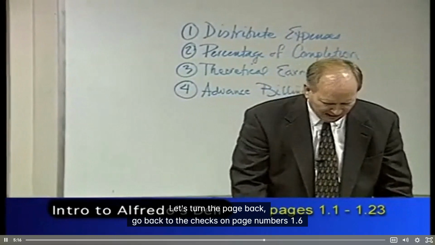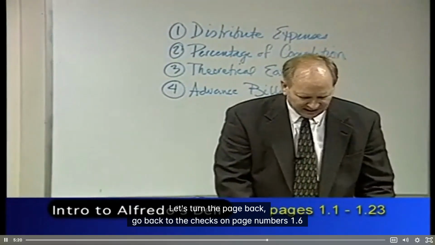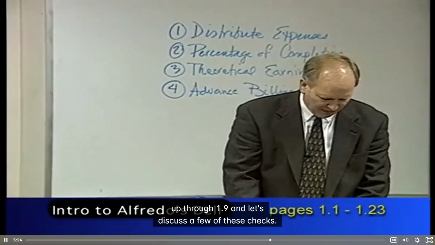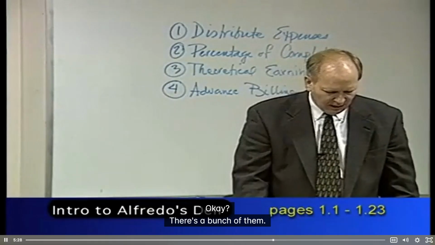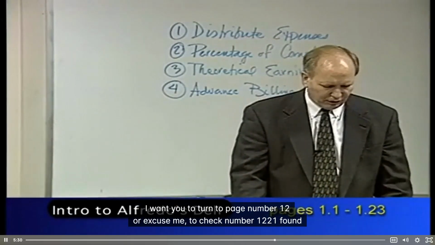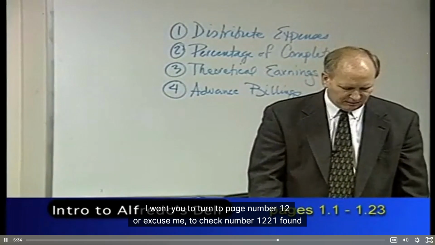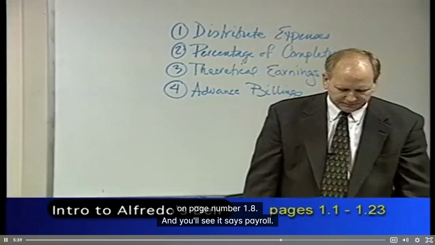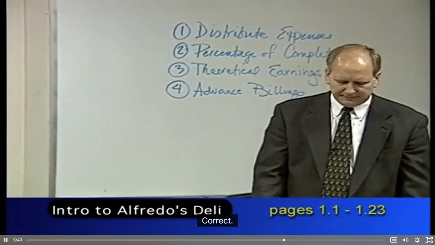Let's turn the page back, go back to the checks on page numbers 1.6 up through 1.9. And let's discuss a few of these checks. Okay, there's a bunch of them. I want you to turn to check number 1221, found on page number 1.8. And you'll see it says payroll, correct?